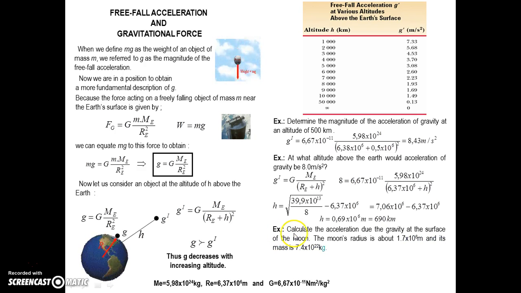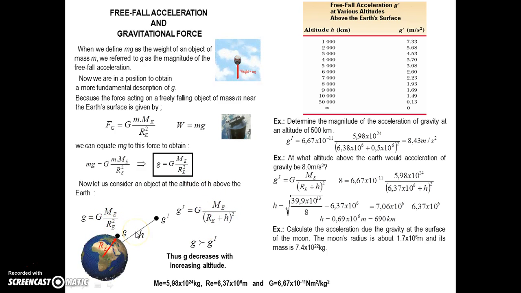An example: calculate the acceleration due to gravity at the surface of the Moon. The Moon's radius is about 1.7 times 10 to the power 6 meters and its mass is 7.4 times 10 to the power 22 kilograms. This formula is the same for all planets, but in this formula we used the Earth.